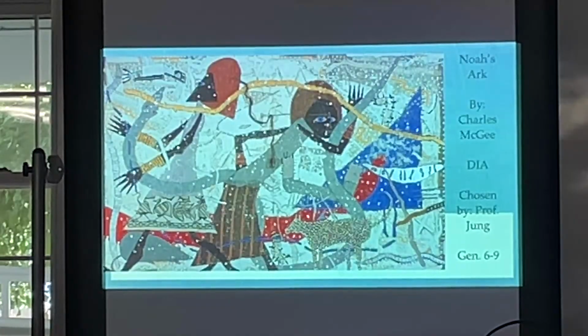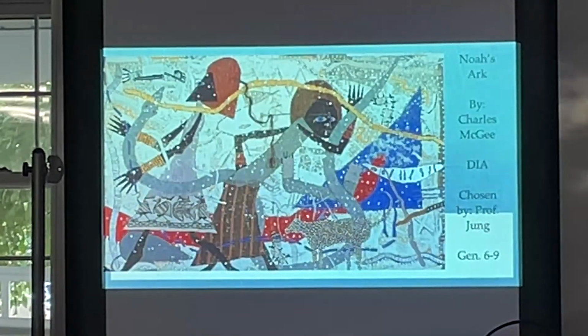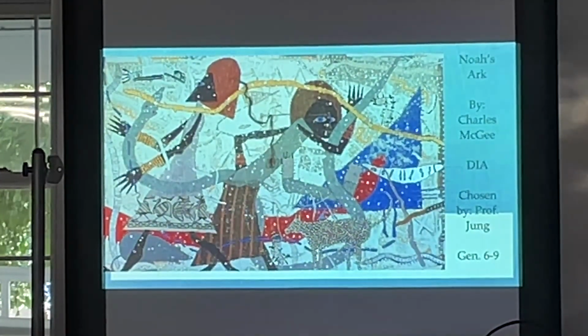I don't see that in the art. Could be the blue triangle. This could be what happens after they get shut in the ark, right? With the rain. Or is it the people left outside? That's what I'm saying.